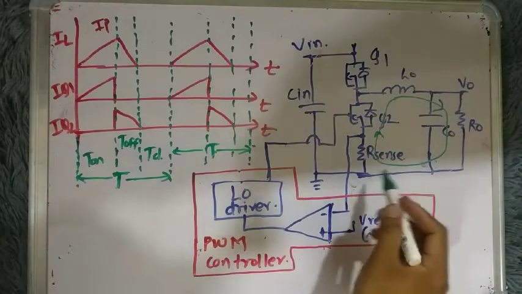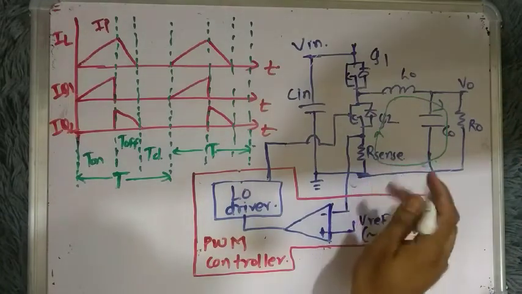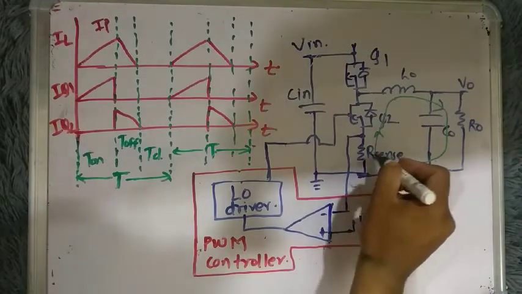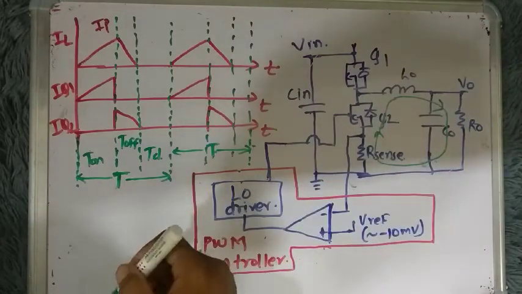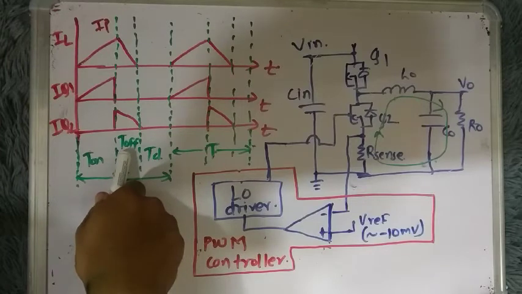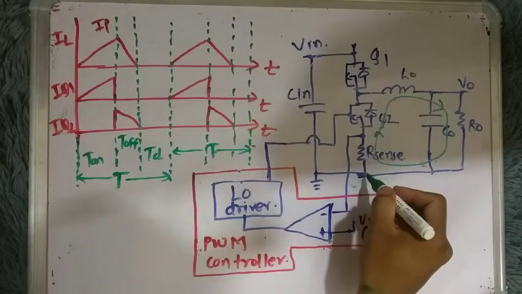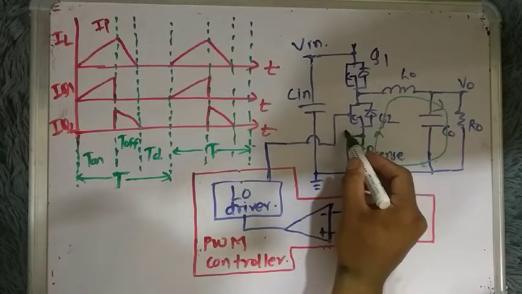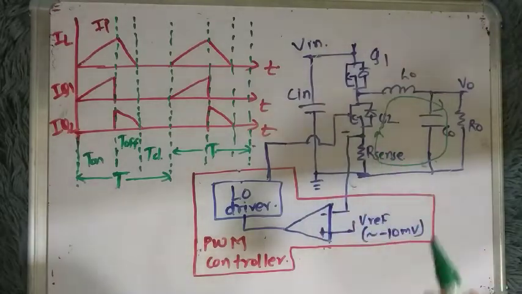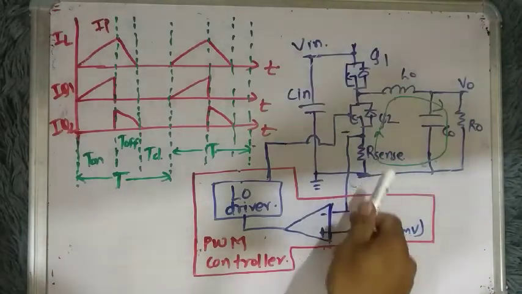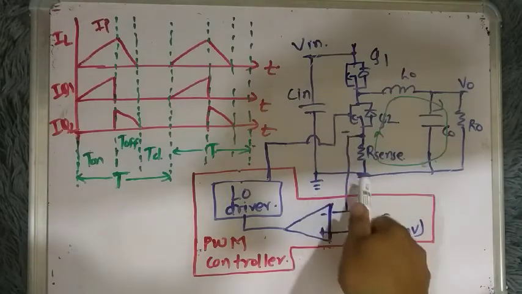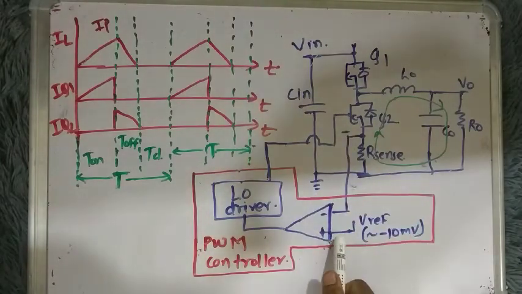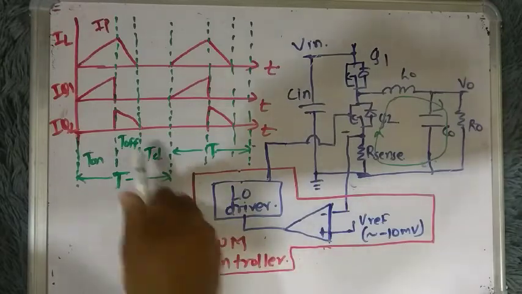Here we can see the voltage developed across the RSense resistor. Since this is the direction of current through the RSense resistor for the time duration T off, and this side is zero since it is grounded, this is a negative voltage, right? This RSense is selected such that this voltage is always higher than the reference voltage during time T off.